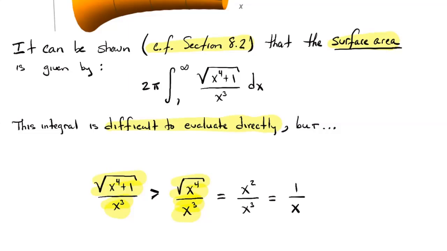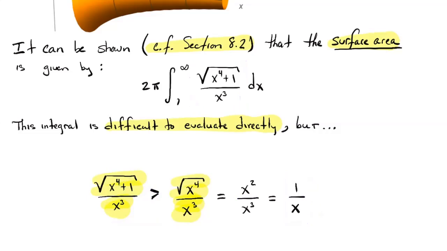The reason is because this fraction on the right here, its numerator is smaller, and a smaller numerator makes smaller fractions. Then I'm just algebraically simplifying this thing. The square root of x to the fourth is x squared, over x cubed is 1 over x.